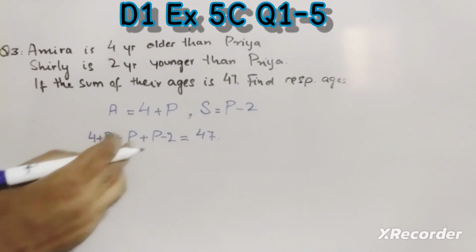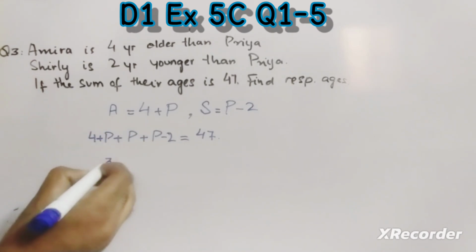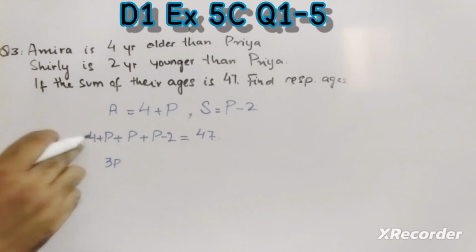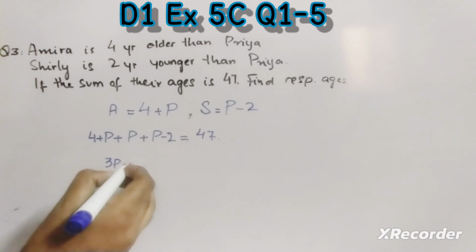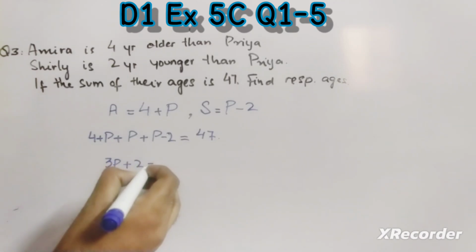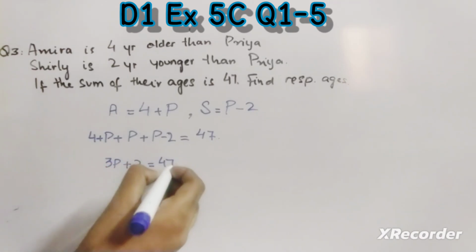So P plus P plus P is 3P, 4 less 2 is 2, is equal to 47.